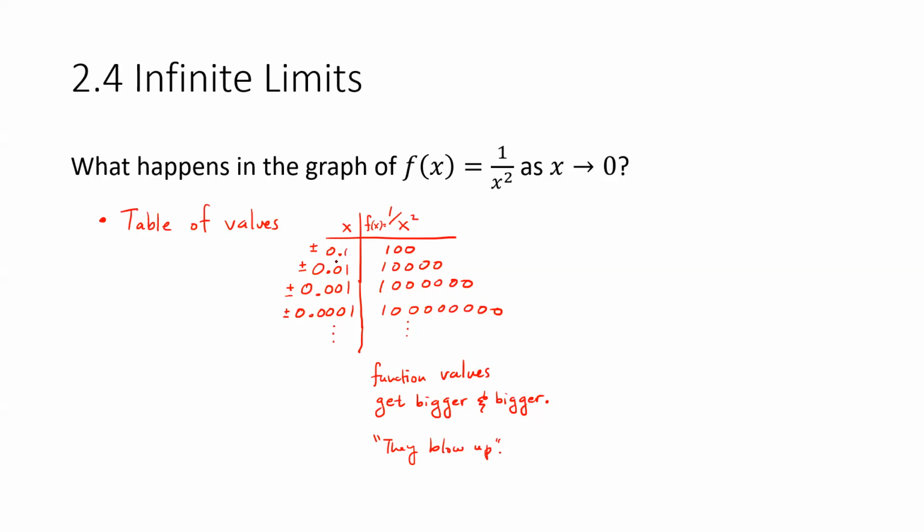So that's one way to think about it, is to think about what happens if we just literally plug in the values. Or another way is to think about what a graph looks like. We got the basic idea here, which is that in our graph, if we have values that are getting closer and closer to 0, the graph is just going to get really big. It's going to blow up.